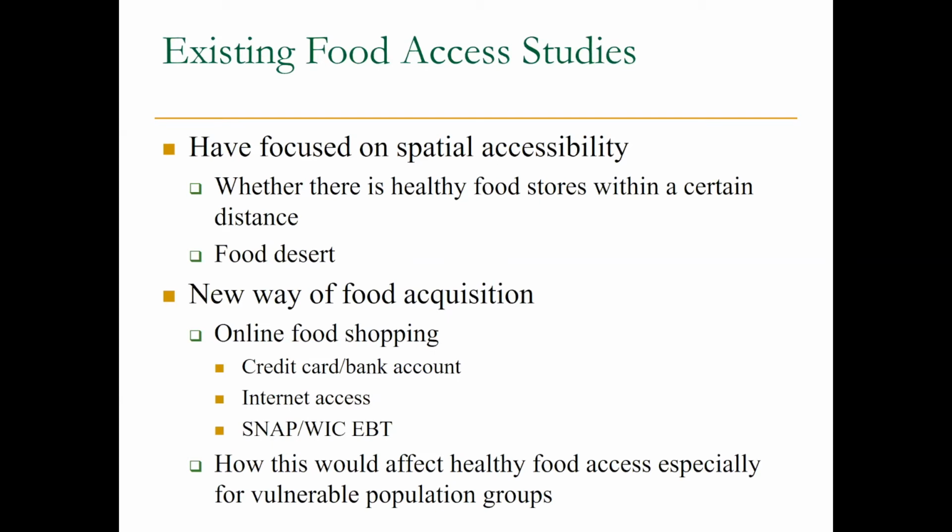During COVID-19, people started to use online food shopping. But if we want to use online food shopping, we need to have a credit card or bank account. That's not necessarily true for everybody. And also we need to have internet access. For the population groups who rely upon SNAP or WIC or EBT card or vouchers, some of the online outlets do not allow them to use those payment methods.